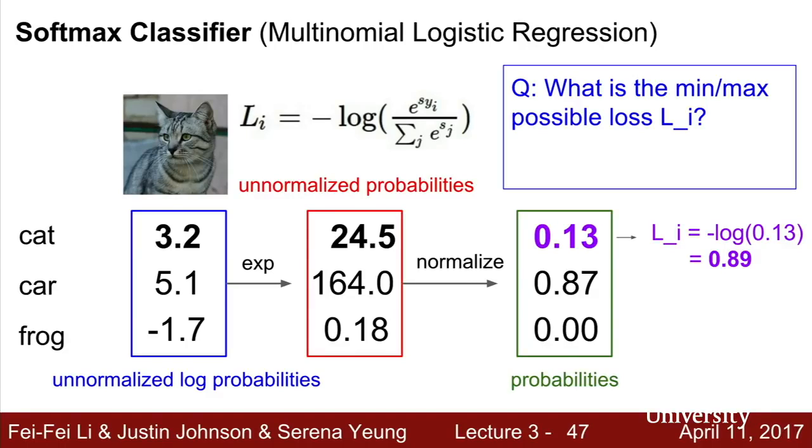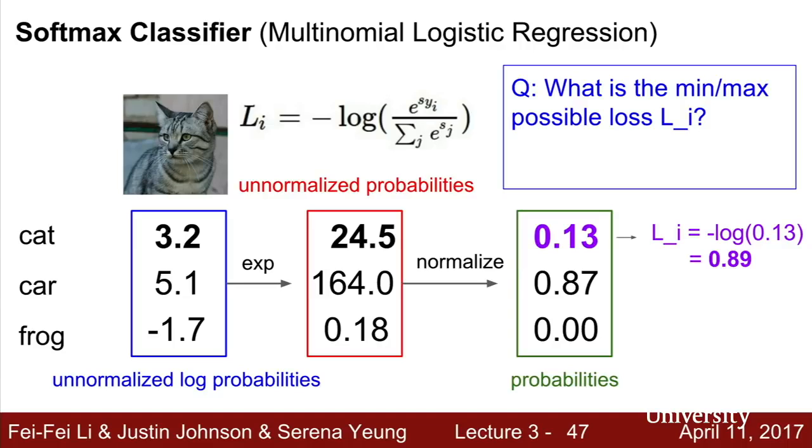The way you can see this is that if the probability distribution we want is 1 on the correct class and 0 on the incorrect classes, then the thing inside the log would be 1, because it's the probability of the true class.